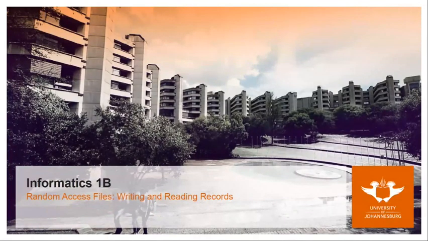Is there anyone that would prefer using a sequential file over a random access file? You can ensure there are no doubles? Unfortunately not, because remember, you're listing one after the other. So if you have a duplicate, the file is never going to be aware of it because you'll just be storing it one after the other. So you can potentially have a duplicate there.